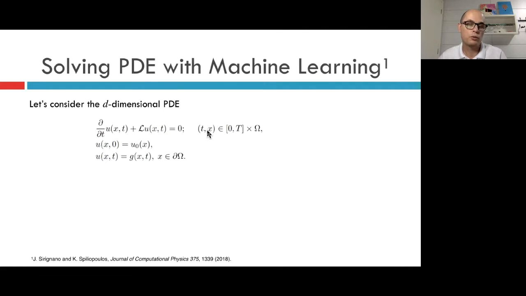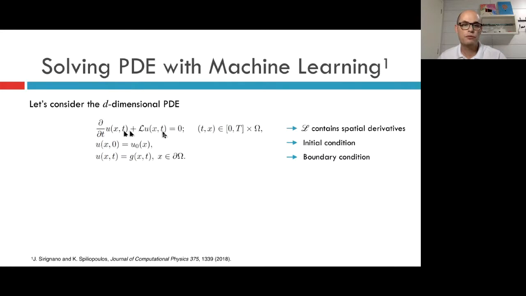In this work, we are also using quantum annealers to solve partial differential equations. However, we use a different technique that is used in machine learning, the regression in supervised machine learning. So the general problem we are considering here is the solution of a partial differential equation in this way.